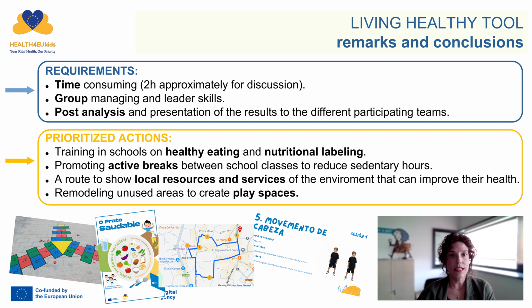And we noticed that some public services were not known, so we decided to make a route to show the children their local resources and services that can improve their health. Finally, taking into account the sedentary behavior, we also decided to remodel unused areas to create playgrounds. And these were the kind of decisions we could take thanks to this Living Healthy tool.